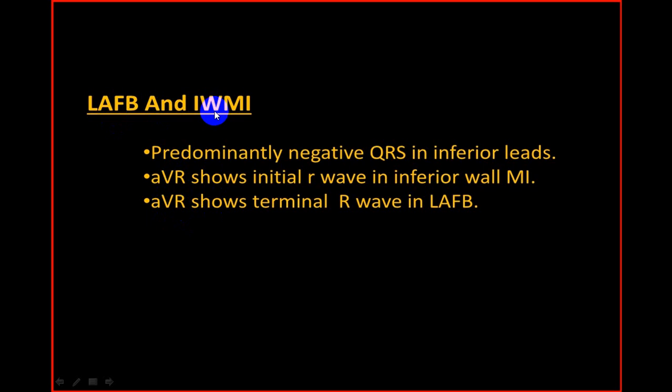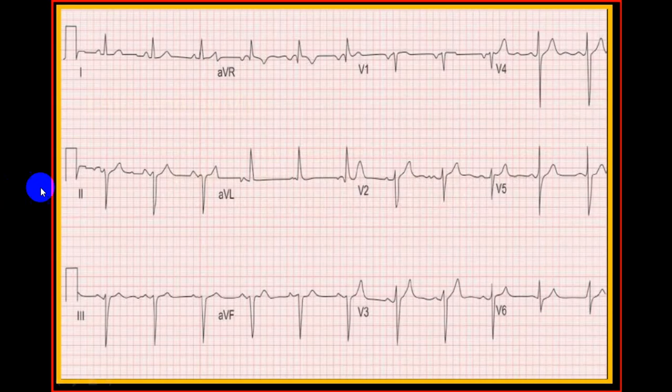So if AVR is showing you an initial R wave, it is in favor of an inferior wall MI, and if AVR is showing you a terminal R wave, it is in favor of a left anterior hemiblock. You can utilize that.